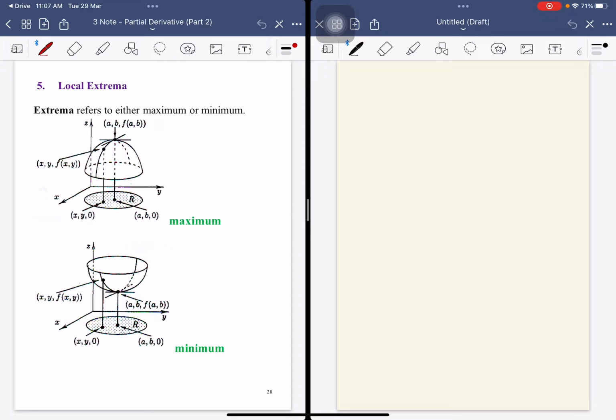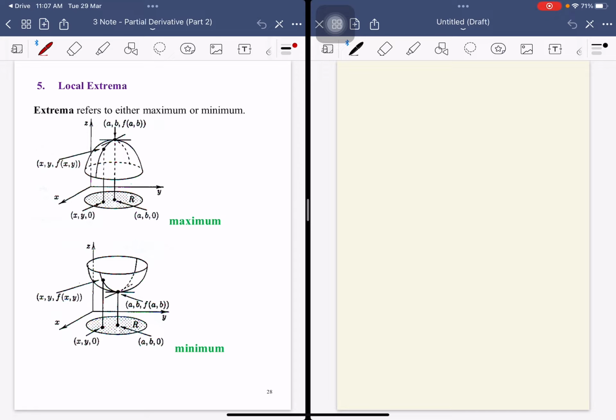Whenever the value of g is greater than 0, together with f_xx less than 0, you're going to have a local maximum.